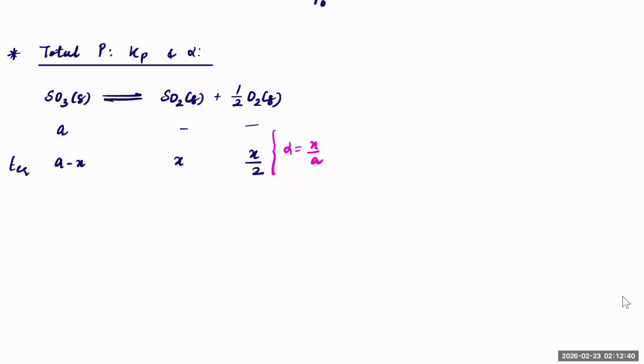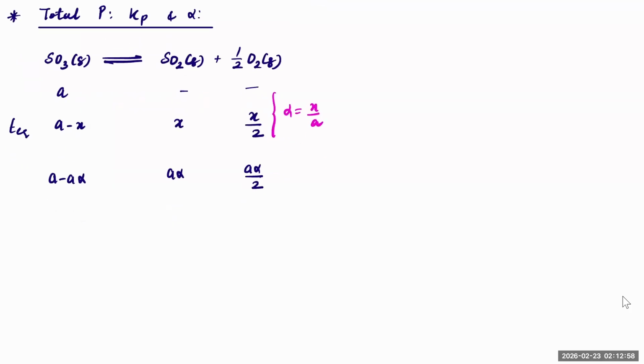And how many total number of moles do we have here? Let me write in terms of alpha. It is going to be A minus A alpha, A alpha, and A alpha by 2. Got it? Now, if you consider the total number of moles here, it will be A plus A alpha by 2.